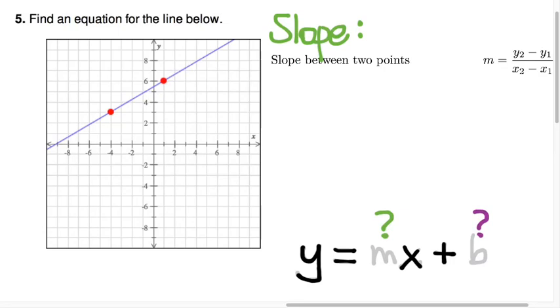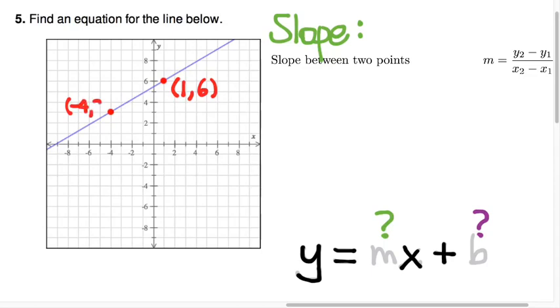So we know we have a formula that tells us, given 2 points, how to find the slope. That's this y2 minus y1 over x2 minus x1 formula. So to use that formula, all we needed to do was label the coordinates of the 2 points that are labeled for us in the diagram. And the reason they're labeled on the graph is so that we can be sure that the graph is actually going through those lattice points, the whole number points that we see.